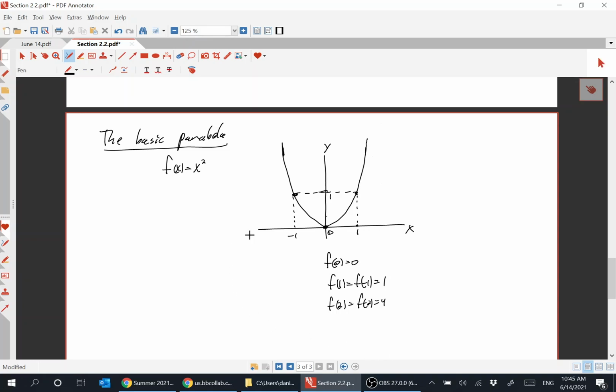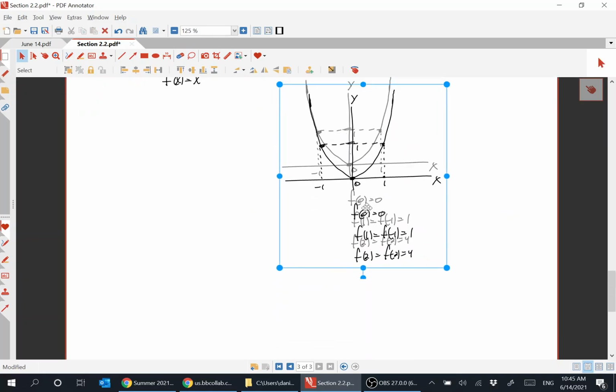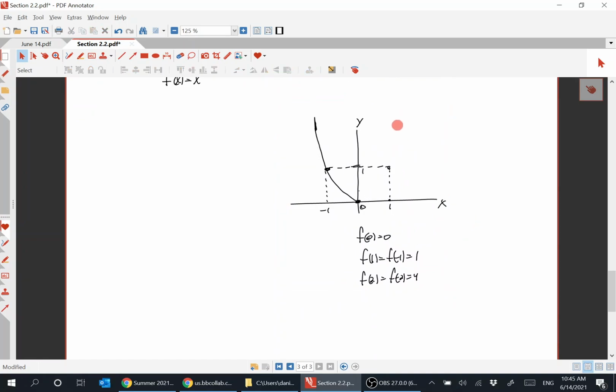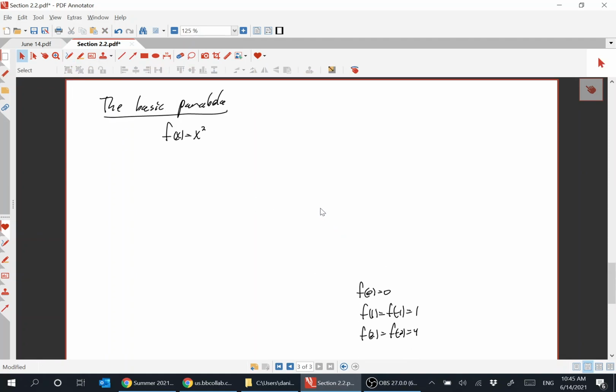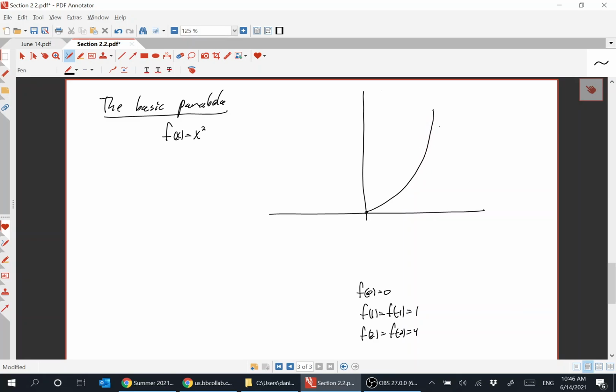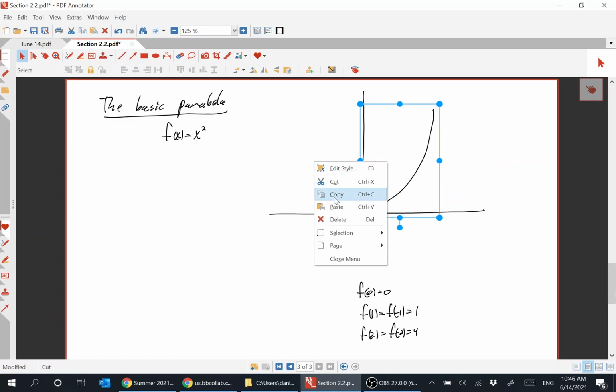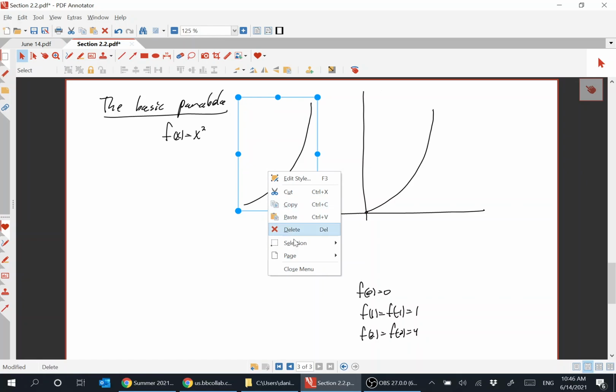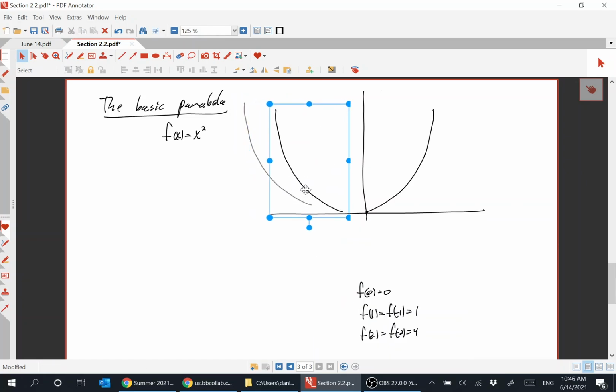Let's move the picture down. Let's try it again. All right.